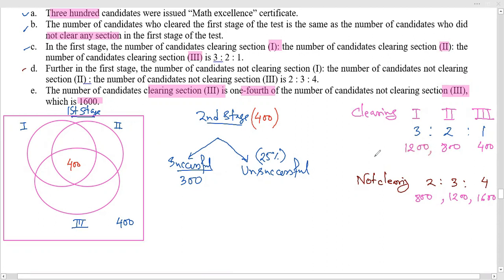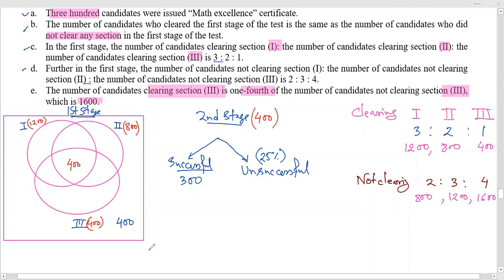The people, those who have appeared. So can I go on writing these data? 1 is 1200, 2 is 800, the people, those who have cleared, and 3 is 400. Yes. Achha, this 3 is 400 and 400 is here total.